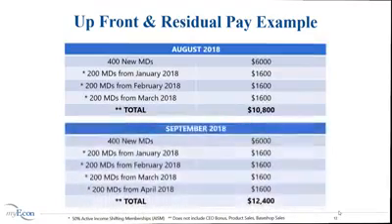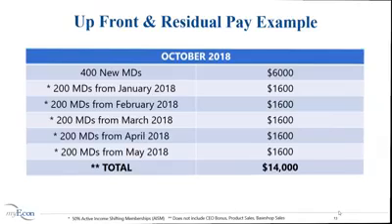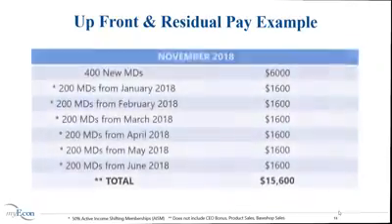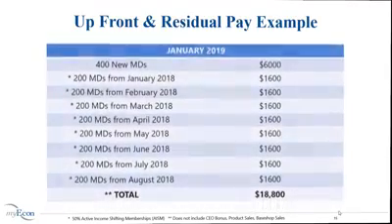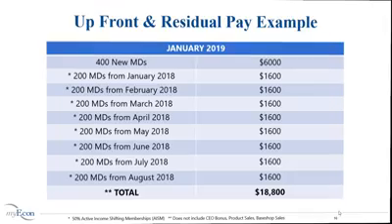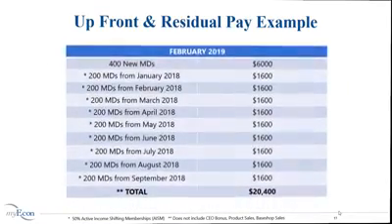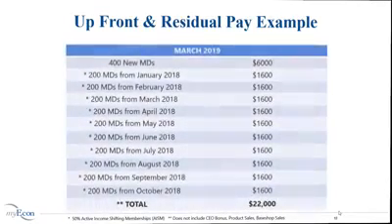Let's extrapolate this out 1 year. One year later, with your team sponsoring 400 new associates a month, your monthly revenue is now $18,800. Let's see what happens in another 6 months.